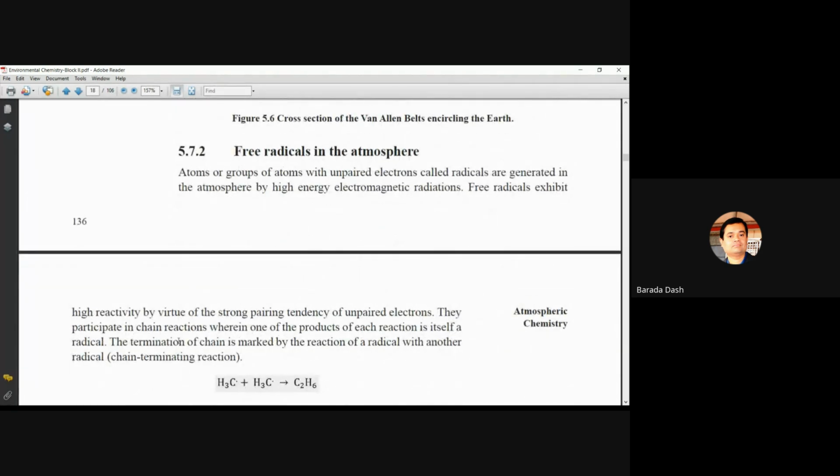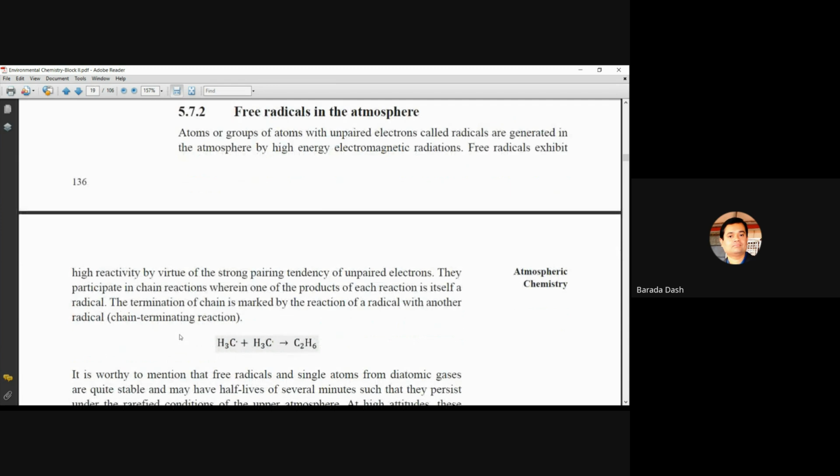And then free radicals in the atmosphere. Atoms or groups of atoms with unpaired electrons are called radicals and are generated in the atmosphere by high energy electromagnetic radiations. Free radicals exhibit high reactivity by virtue of the strong pairing tendency of unpaired electrons.